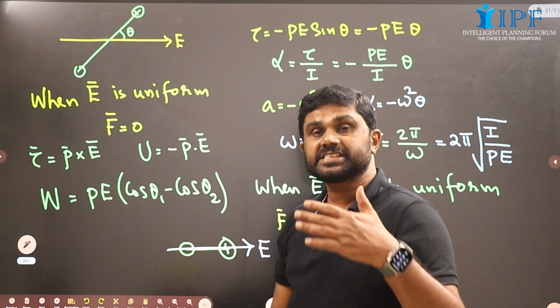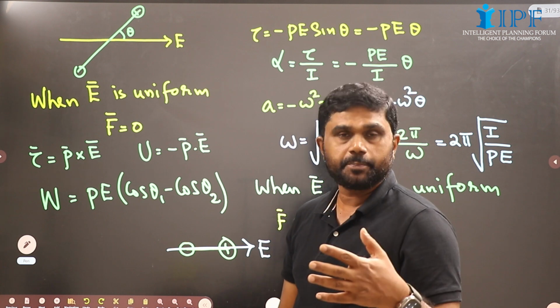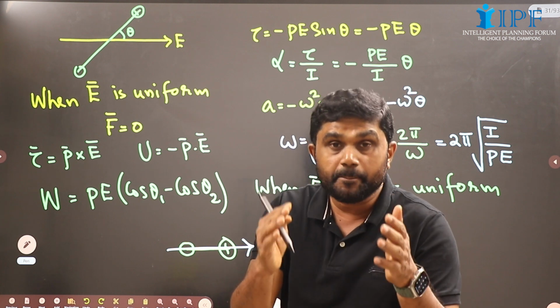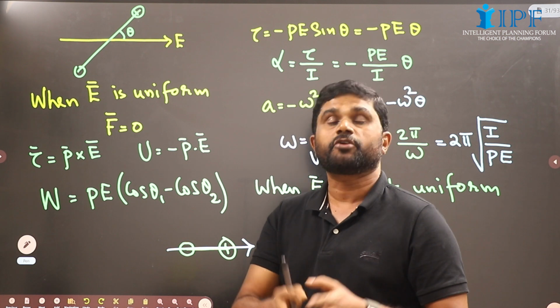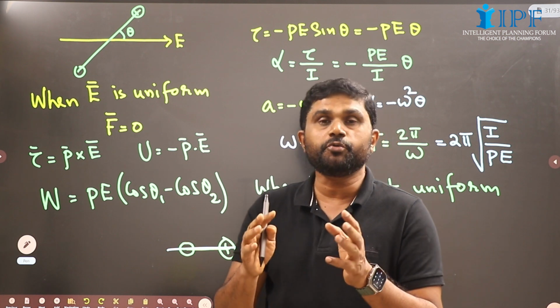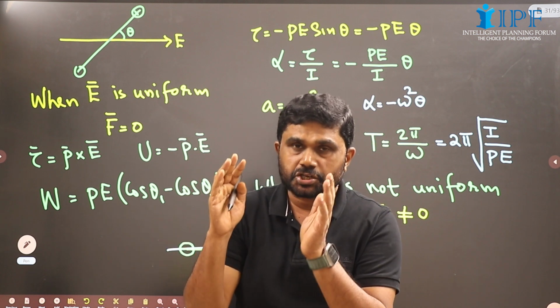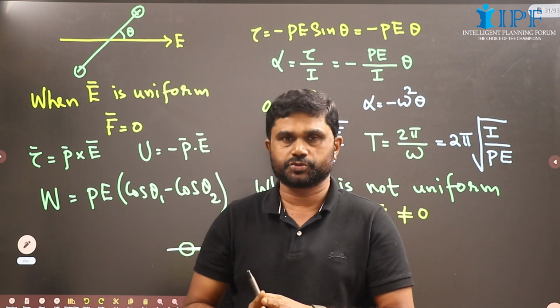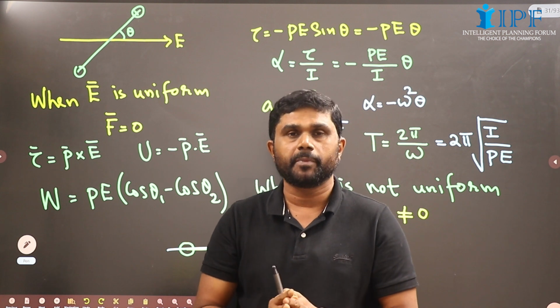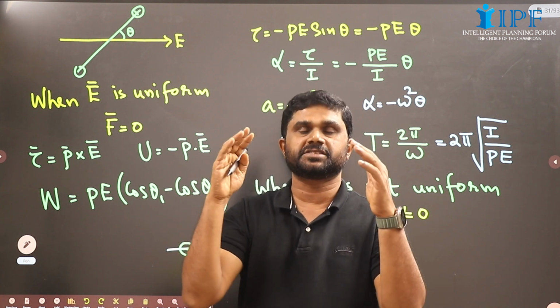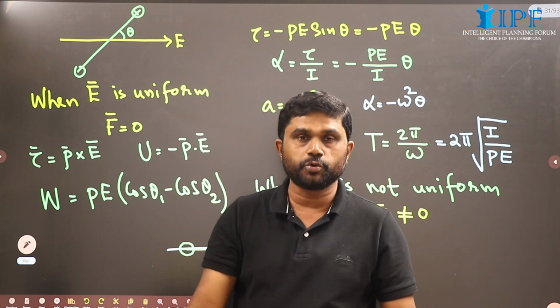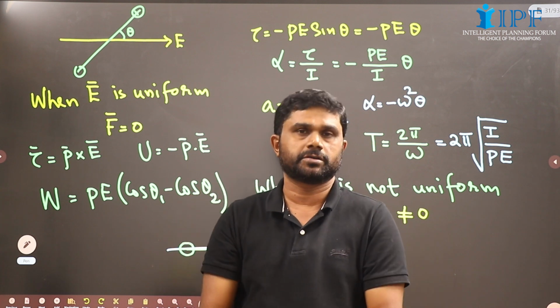In such a situation, the electric dipole will experience an unbalanced force and also a torque. So in a uniform electric field, the dipole experiences only a torque and no resultant force. But in a non-uniform electric field, it experiences a resultant force as well as a resultant torque.